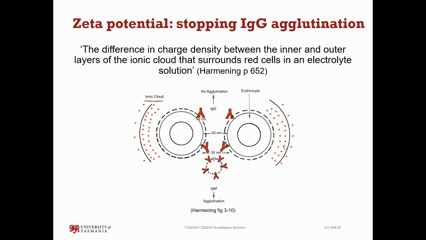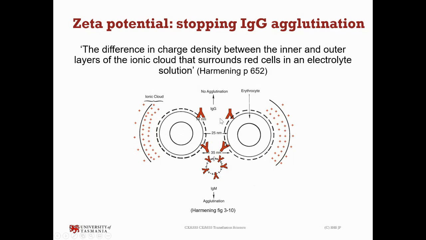So when we talk about the zeta potential, it is the difference in the electrical potential, or the difference in charge density, between the surface of the red cell and the external surface of the ionic cloud. Okay. So this bit's going to be sort of most positive because these ones in here are cancelled out a bit by the electronegativity.